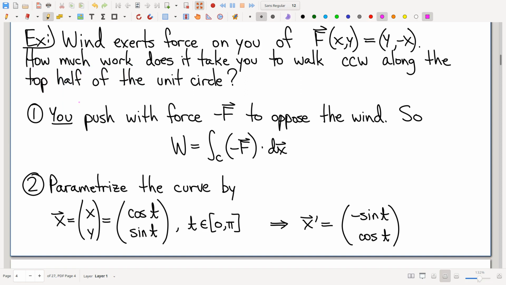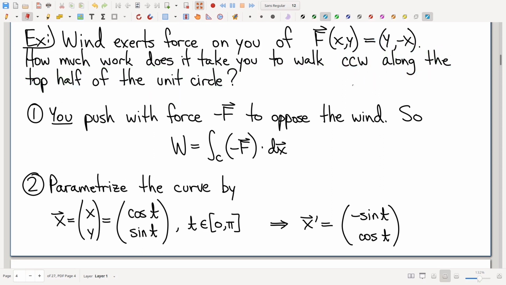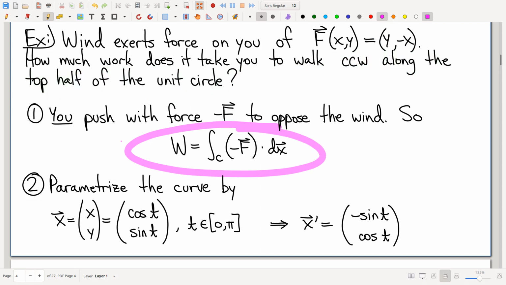Notice this is an oriented curve, because I have a curve, the top half of the unit circle, and I'm walking specifically in a certain direction, the indicated counterclockwise direction along that curve. We're pretty much just going to write down work as a vector line integral of force.